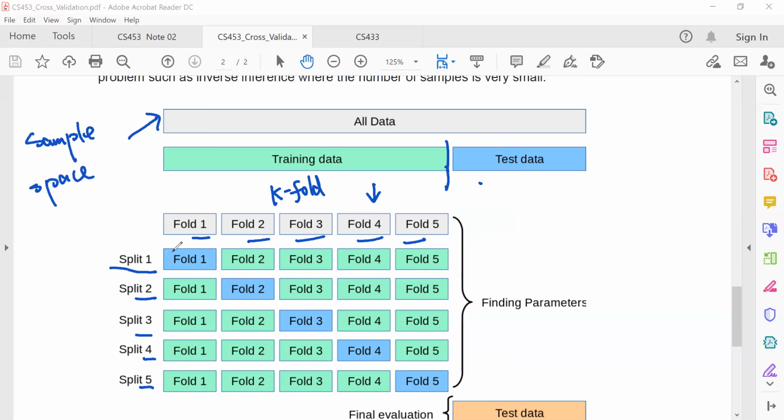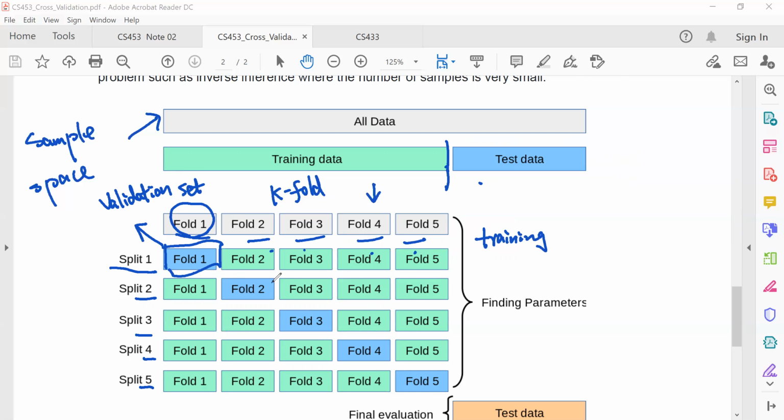What does this mean? For each of the folds, you reserve it as validation. This blue block means the validation set, and all of the green ones mean the training.